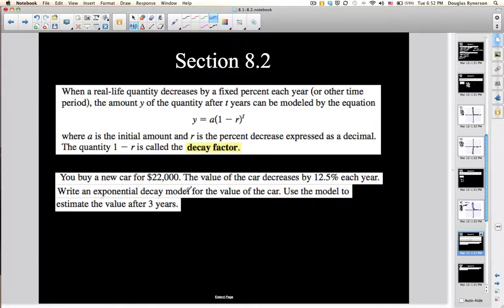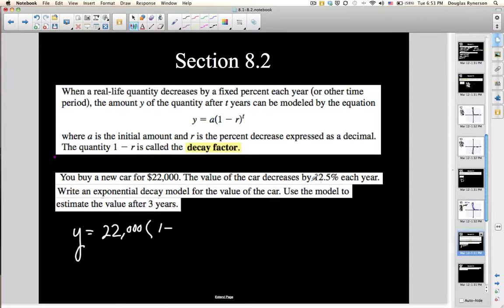Here's how we'd use that in a real-life application. If I bought a car for $22,000, that's my starting situation. That would go here where A is. The value of my car eventually will be the original value, $22,000, times 1 minus my rate.